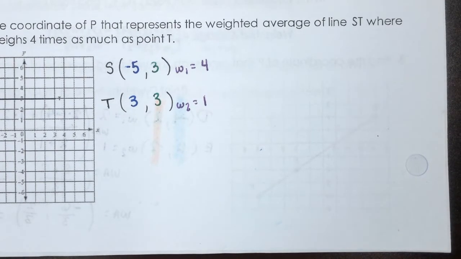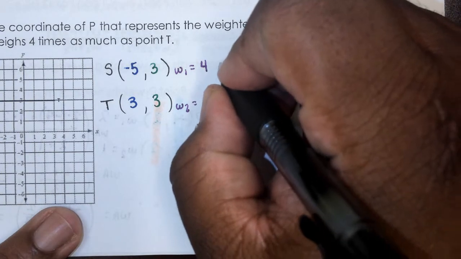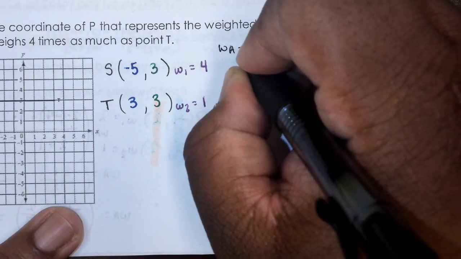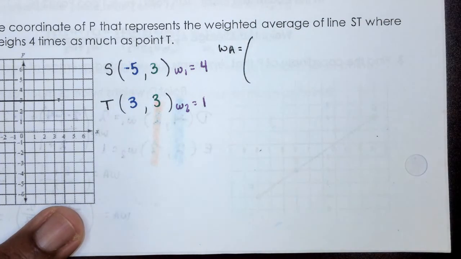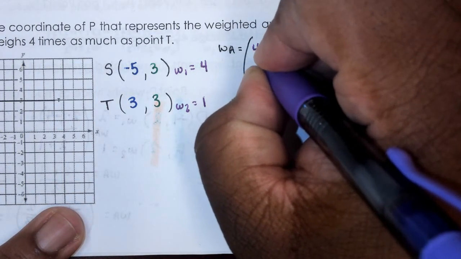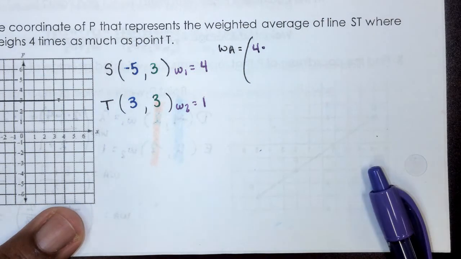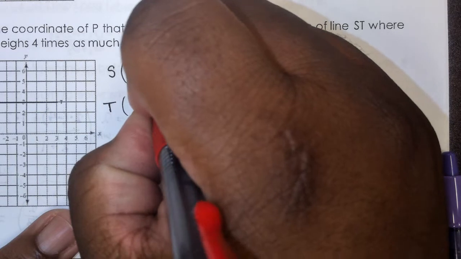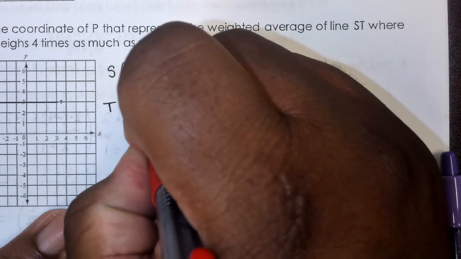I'm just using the formula again, man. Like I said, it's just going to be a practice thing for y'all. You have to use the formula. WA equals parentheses. Looking at the formula, it's right on the board if you need it. My weight 1, which is 4, times, oh, I didn't label. I'm sorry, this helps y'all too. X1, Y1, X2, Y2.